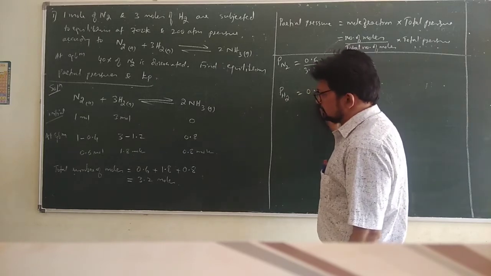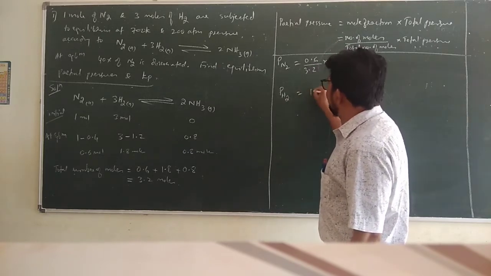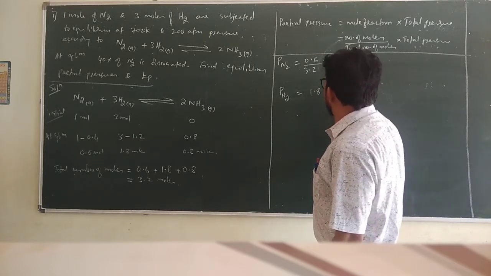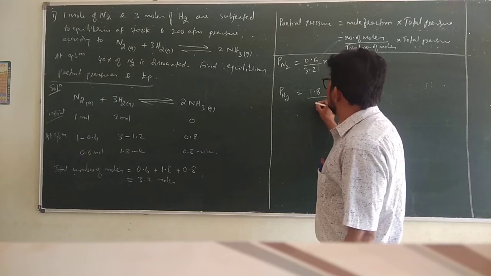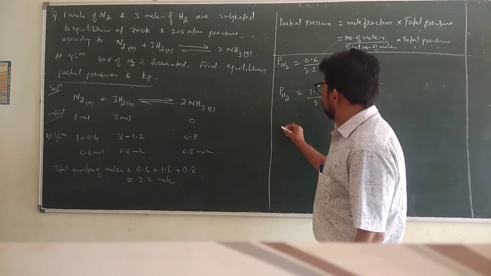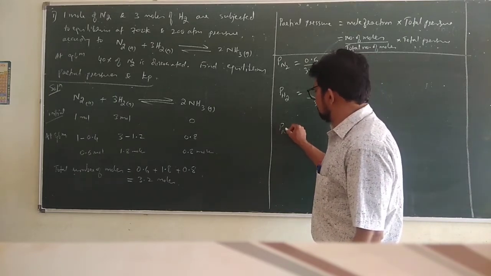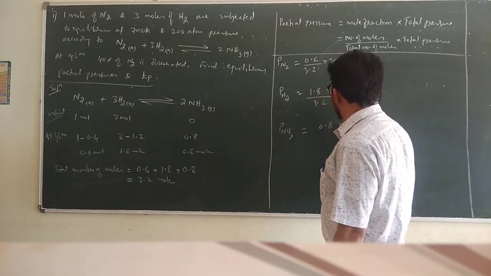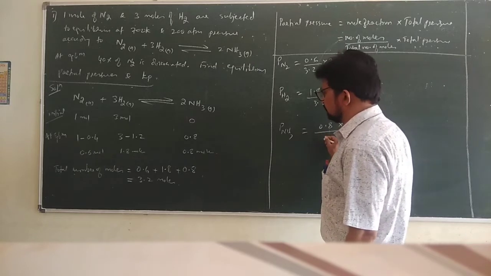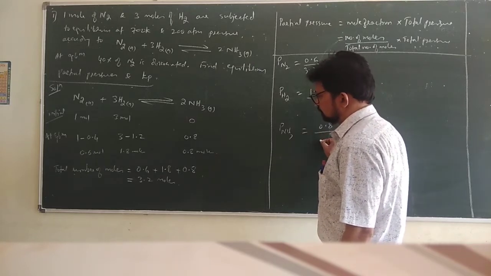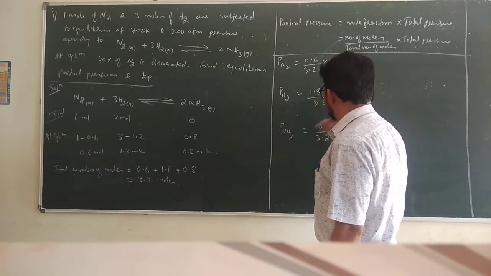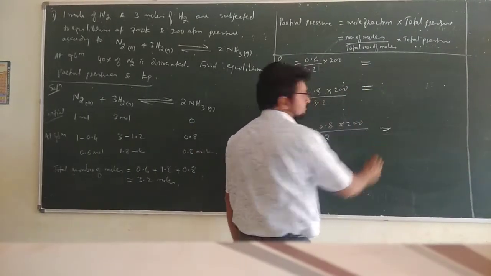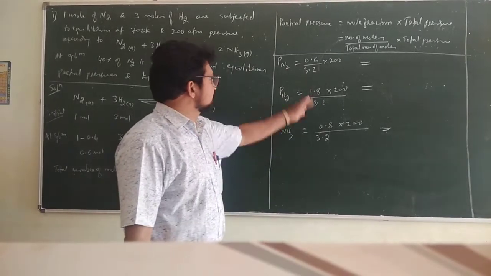It is its number of moles 1.8 into 200 divided by 3.2. What is partial pressure of ammonia? This is 0.8 into 200 divided by 3.2. So if you work out this, you will get an answer. Please work out this, and this is a partial pressure.